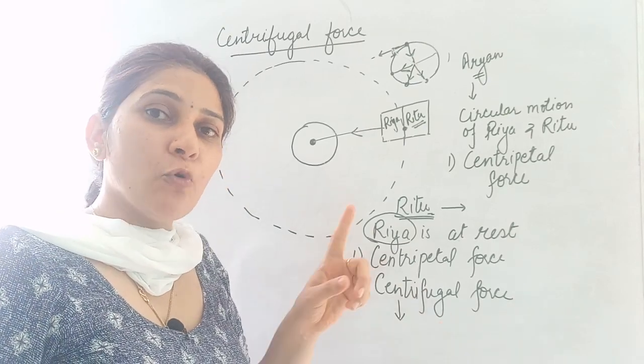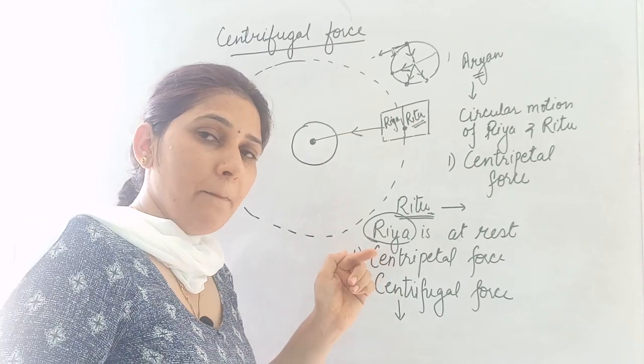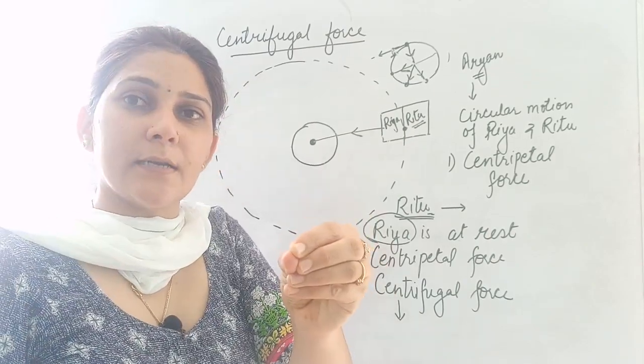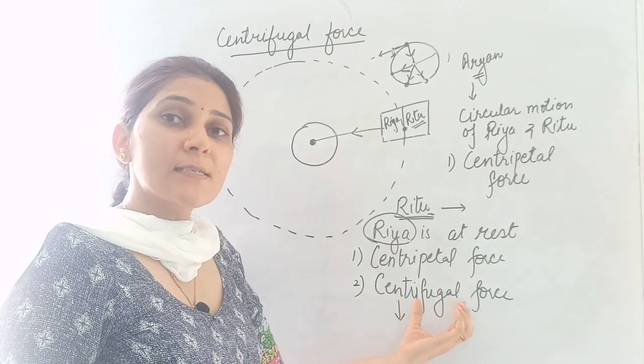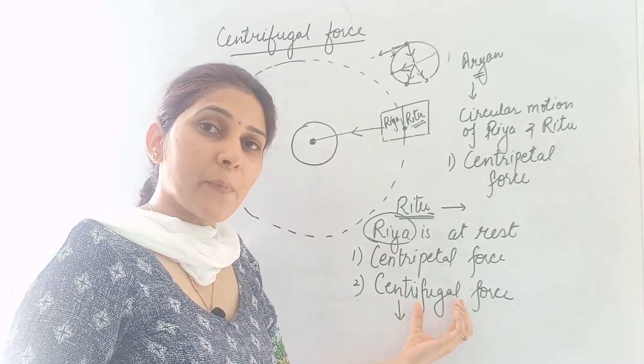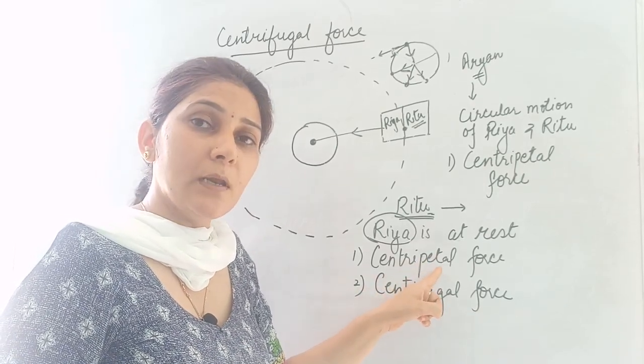Because otherwise, if only centripetal force is present, the particle should come and collapse with the center. But due to the presence of centrifugal force, a similar amount of force is applied onto the particle but in opposite direction to that of centripetal force.